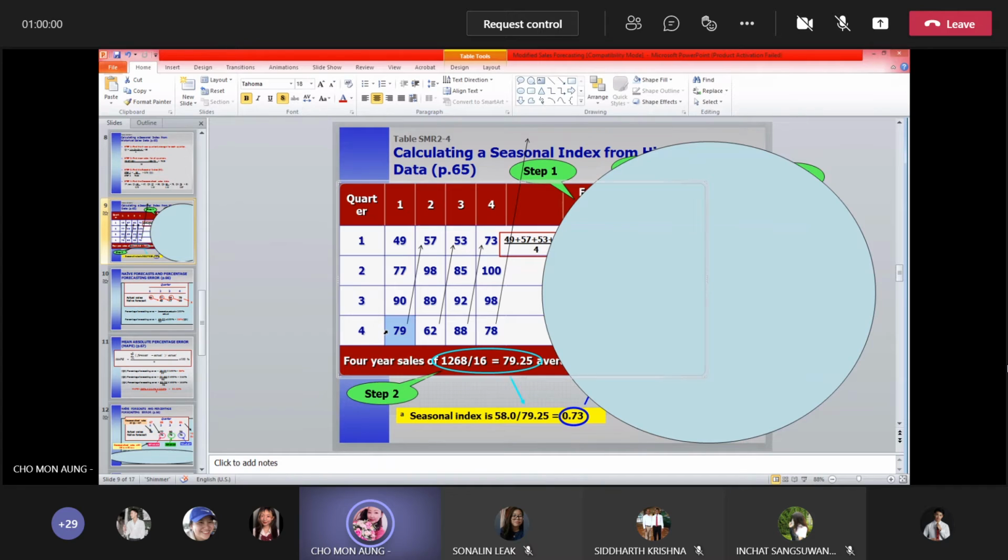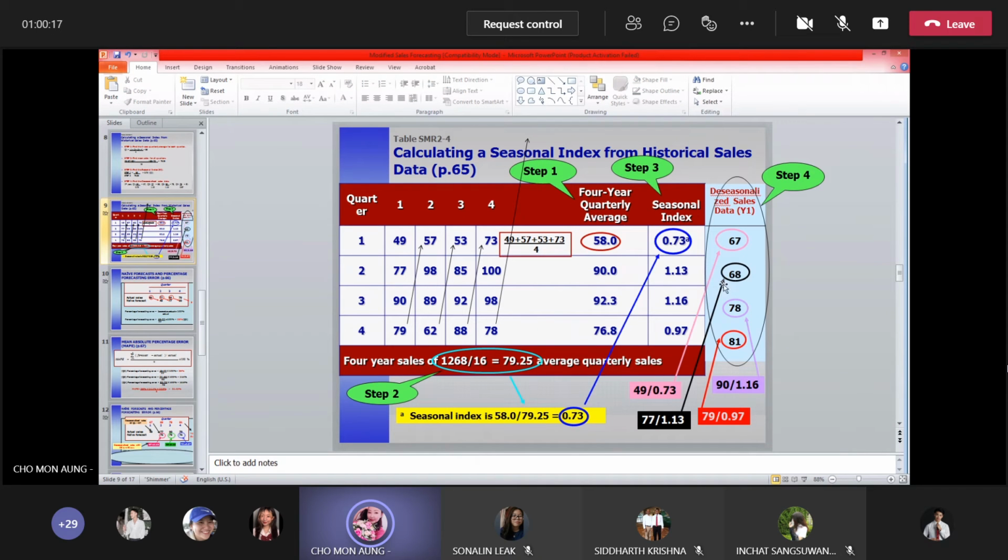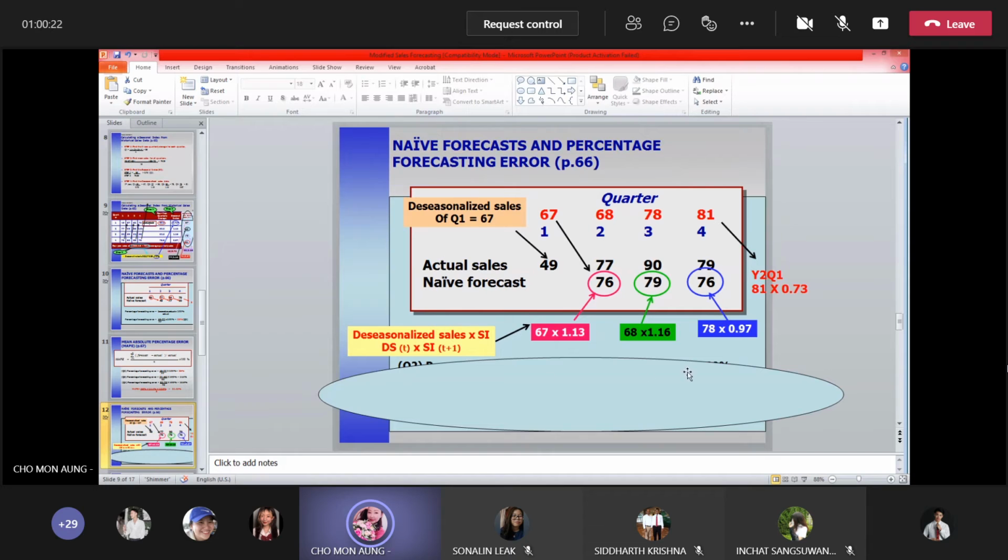If you come to here, year 1, quarter 4, then we are going to estimate for year 2, quarter 1, this one, isn't it? So year 2, quarter 1, what is the seasonal index? 0.73. That's why here you will multiply by 0.73.